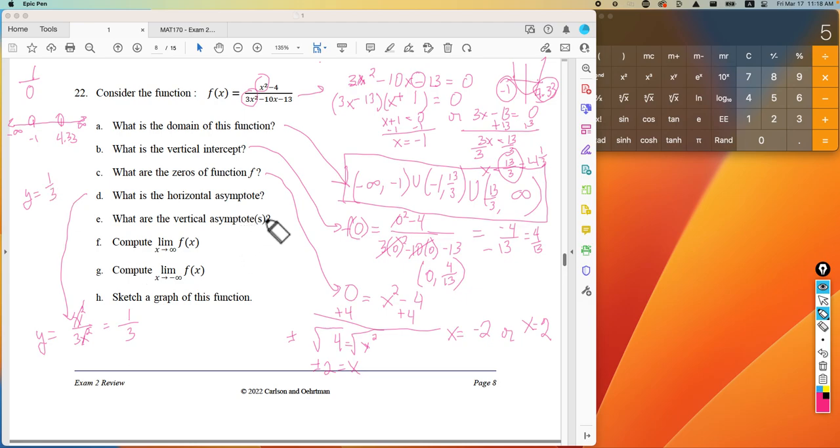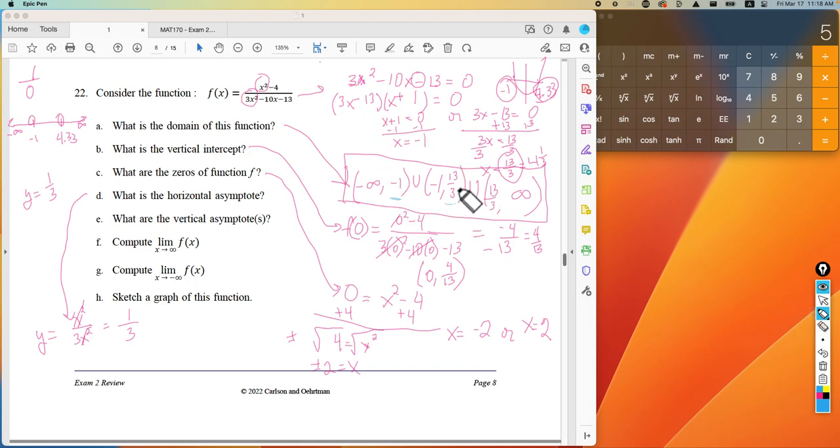Vertical asymptotes, well, we've actually already found those when we found the domain. When we were talking about the domain, remember, we found that we can't have x equals negative 1 or 13/3. Those were the two that were causing us problems.